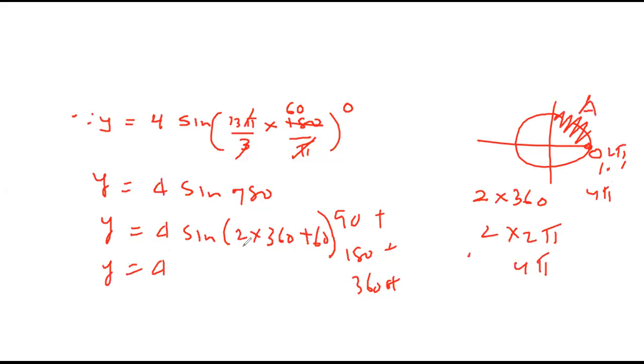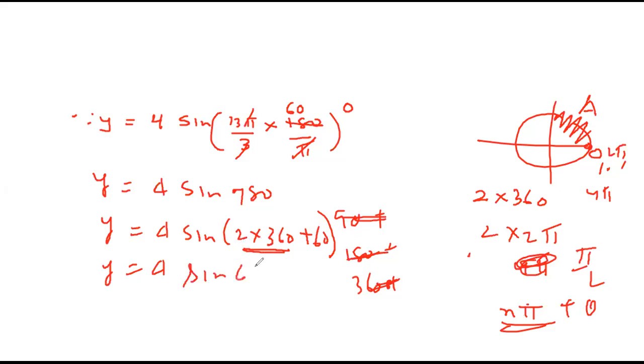So whenever inside you have multiple of 180 or 360, n pi plus theta type, then always sine will remain sine, cos will remain cos. But if inside I have got odd multiple of pi by 2, then sine will become cos, cos will become sine. This is the rule. So sine of 4 pi plus 60 is sine 60. Sine 60 we know root 3 by 2.